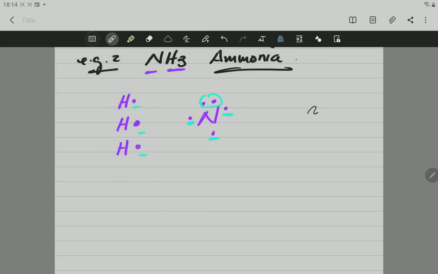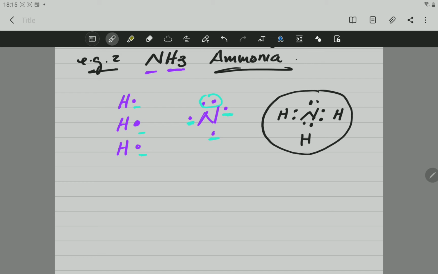So it will be nitrogen with a lone pair, and each single unpaired electron will be shared with 1 hydrogen. There we have the molecule of ammonia. Let's see another example.